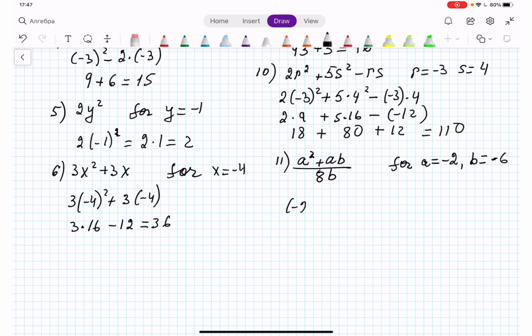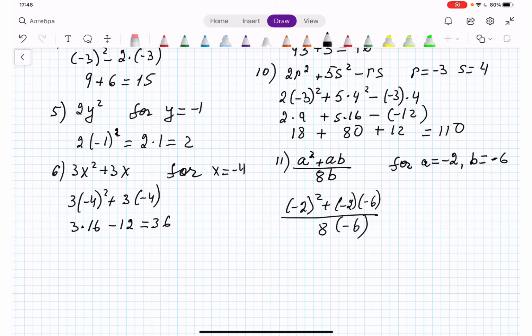Negative 2 squared plus negative 2 times negative 6 and divided by 8 times negative 6. So wherever I had A, I plugged negative 2. Wherever I had B, I plugged negative 6. All right.